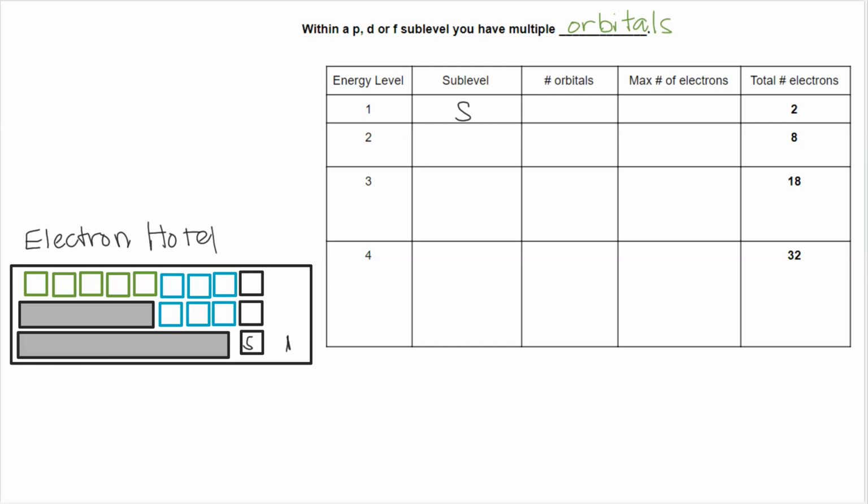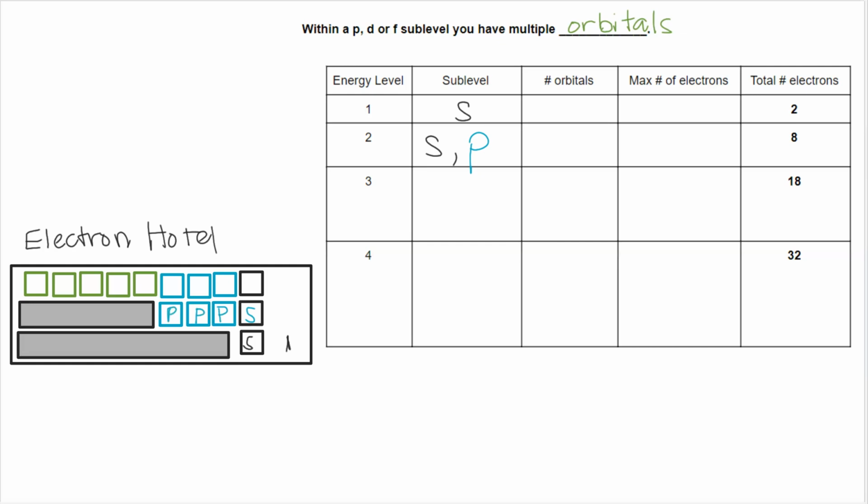Okay. Then when we go to energy level 2, we get a little bit more variety. We can have S-type sublevels, and we can have P-type sublevels. Okay, and so you see that in our hotel, we still have an S-type room, but now we also have some P-type rooms.